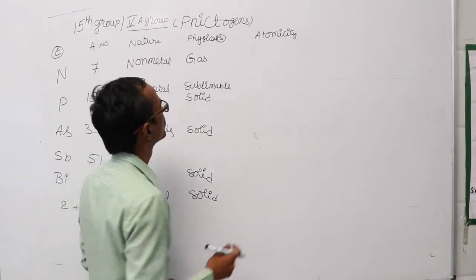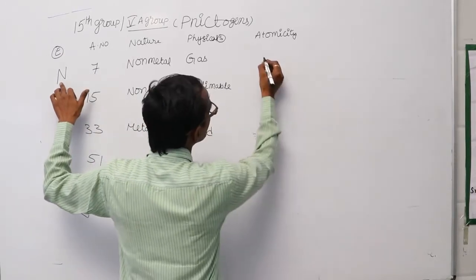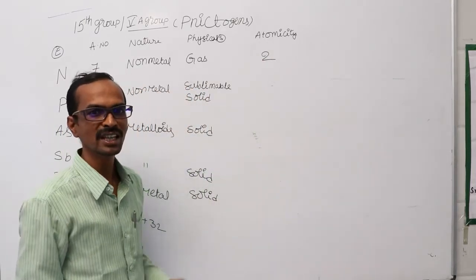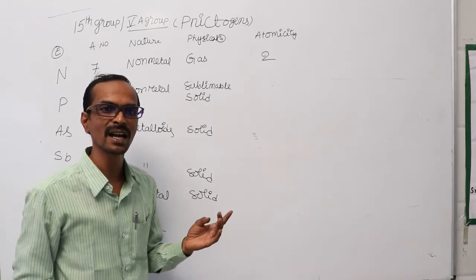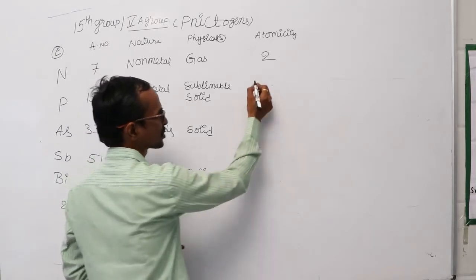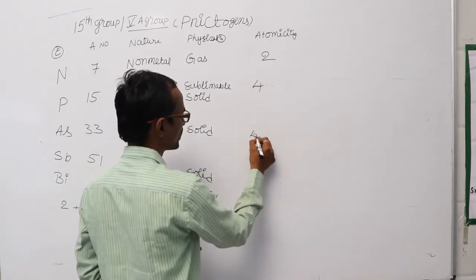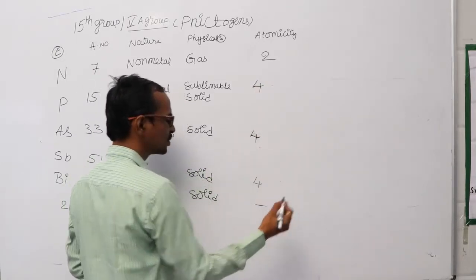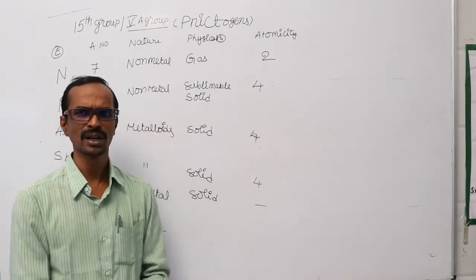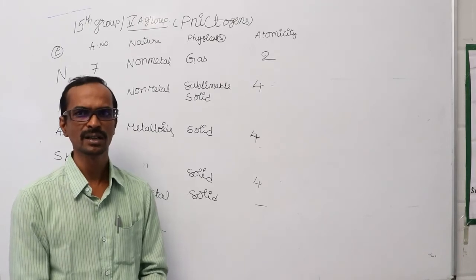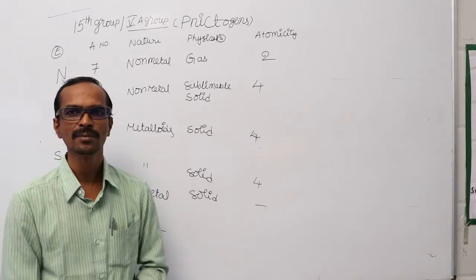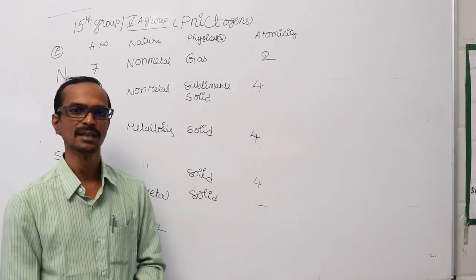Nitrogen's atomicity is 2, as it exists in the form of diatomic nitrogen. Phosphorus, arsenic and antimony exist as tetraatomic molecules, so their atomicity is 4. We don't discuss the atomicity of bismuth because it is a pure metal and forms a metallic solid.